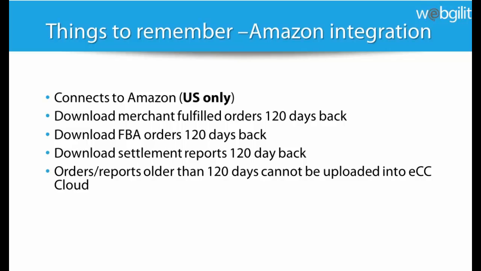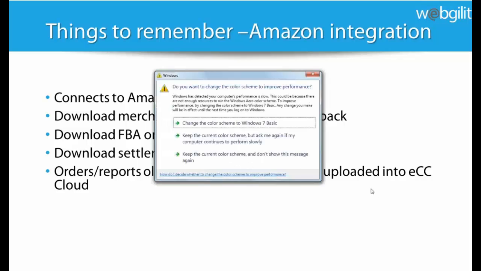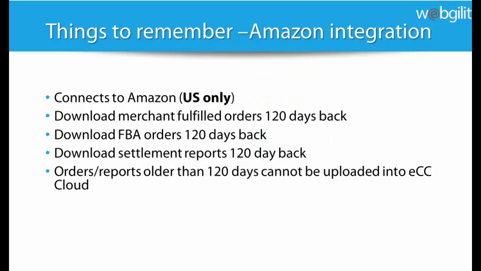Now, remember when I talked about how it can download orders? Well, Amazon itself has a restriction of how far back you can go, and it's pretty much 120 days back. They opened it up an additional 60 days. It used to be 60. Now it's 120. So 120 days back really goes for merchant fulfilled orders, FBA orders themselves, as well as the settlement report.